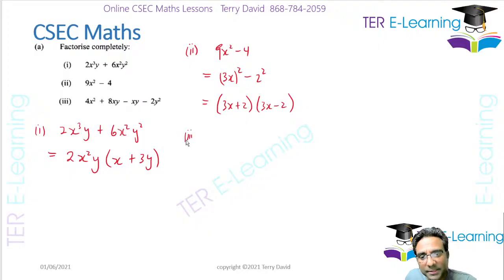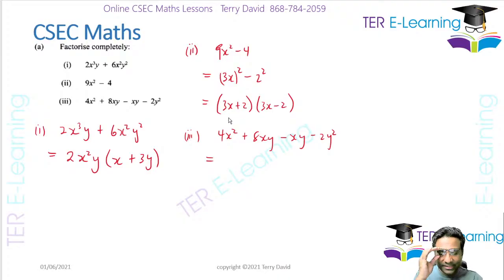The third part, we have 4x squared plus 8xy minus xy minus 2y squared. So this here, you have 4 terms, so therefore we factorize it by grouping. So I'm going to group the first 2 terms. So I can pull out 4x, open brackets, x plus 2y.